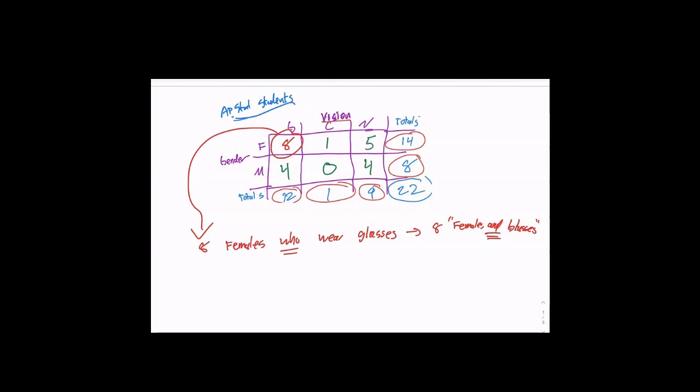It has to be 5. So the 1 plus 2, that's 6 as well. Everything must add up. Remember, I called them row totals and column totals. So the rows need to add up to 14 and 8. The columns need to add up to 12, 1, and 9. The marginal distributions must add up to 22.